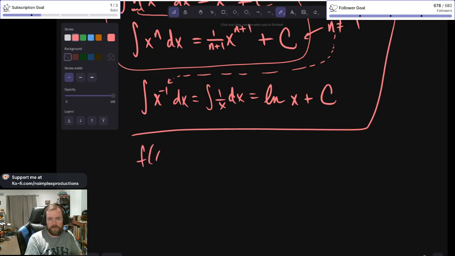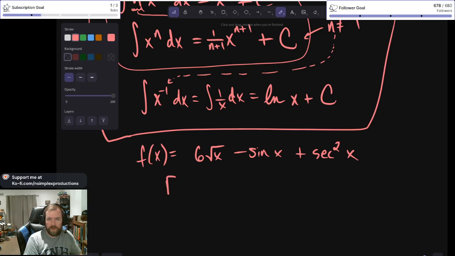Okay, so if f of x is equal to 6 root x minus sine of x plus secant squared of x, capital F of x is going to be equal to the integral of all that stuff dx.